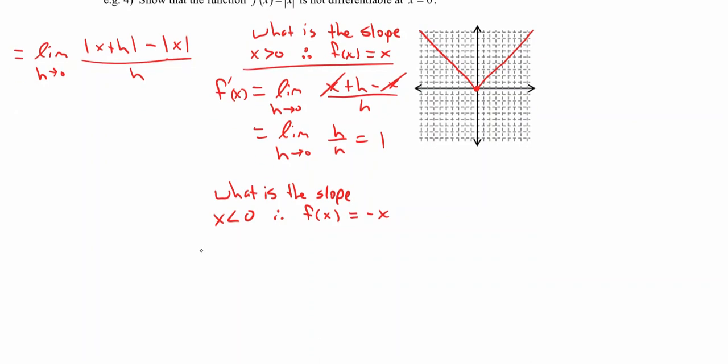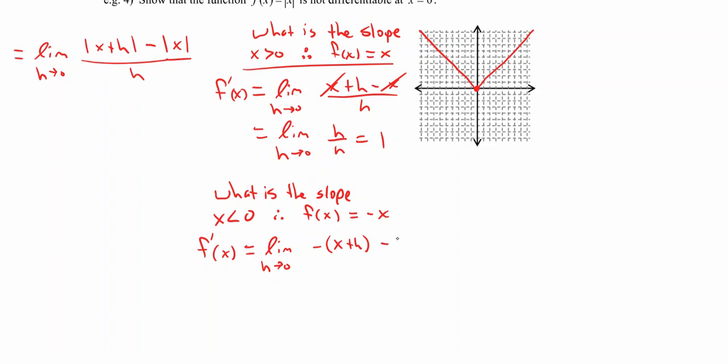So that would be f prime of x is equal to the limit as h approaches 0 of negative x plus h, right? Putting the x plus h in for x.